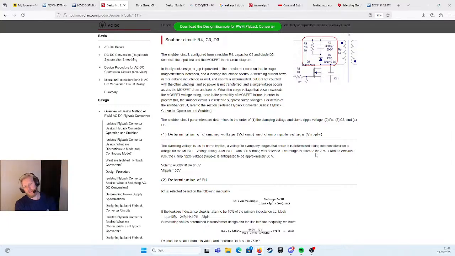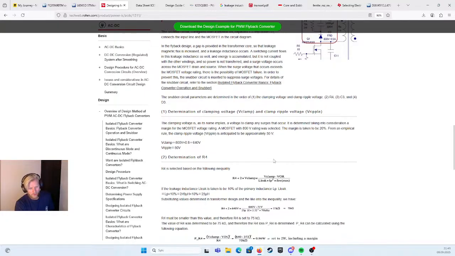The margin is taken to be 20% from an empirical rule. The clamp ripple voltage is anticipated to be approximately 50 volts.